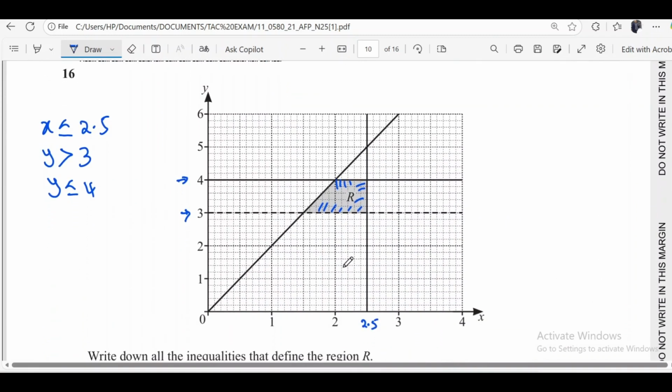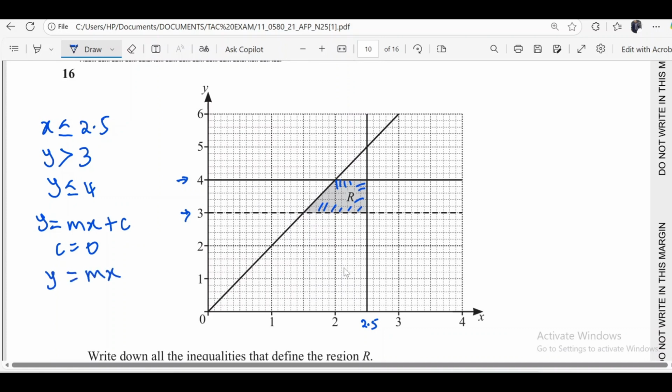All we need to do to get the equation of this diagonal line is use rise over run to get the gradient. If we say y equals mx plus c, here the intercept on the y-axis is 0, so we have y equals mx.